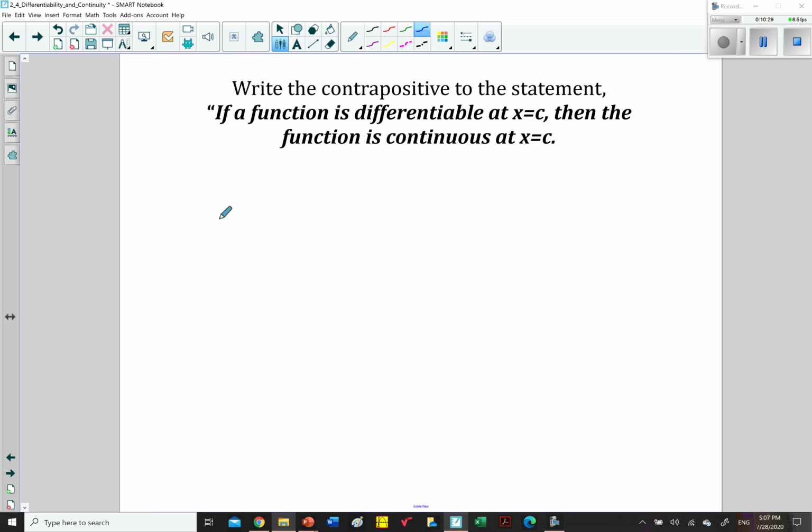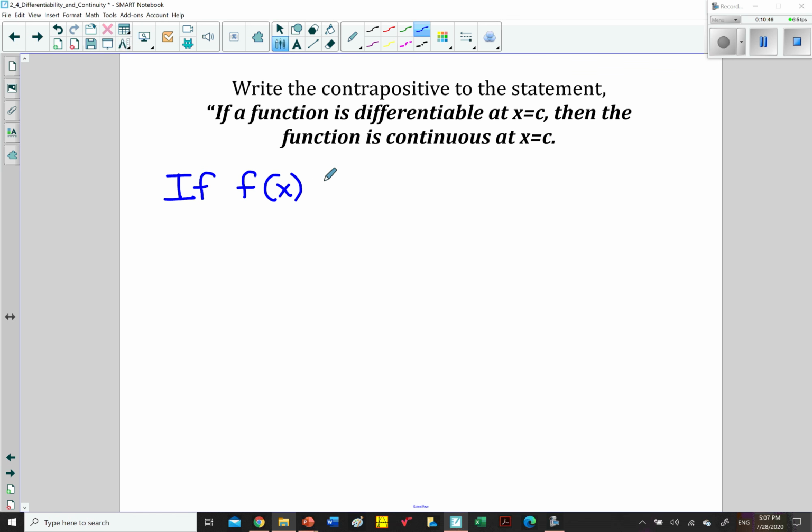Write the contrapositive to the statement: if a function is differentiable at x equals c, then the function is continuous at c. Who thought you'd have to write contrapositive statements in calculus? Can you do it?